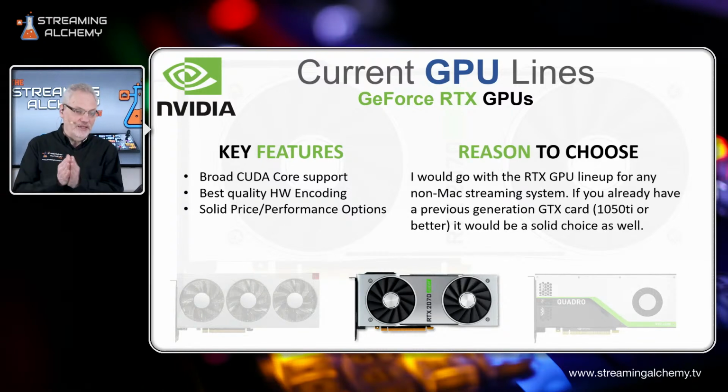And I think that's really the reason I would recommend these for almost anybody that's going on a non-Mac system. And I would even be very comfortable recommending the previous generation, which was the GTX lineup, the 10 series. So anything from the 1050 Ti on, I think would be really great performers in a live streaming system.